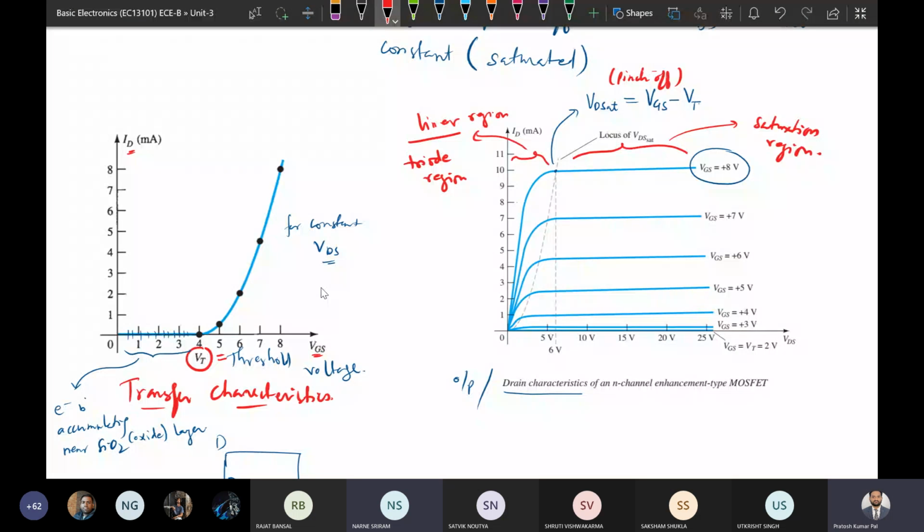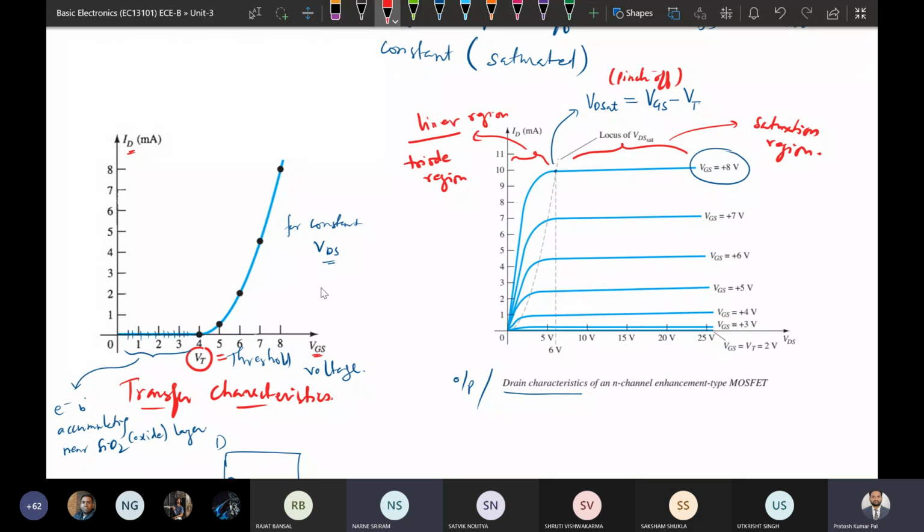And the region where we are applying the gate to source voltage, but even in that case the current is going to be zero. That means whatever drain to source voltage we are applying, the current is zero. That means when the gate to source voltage is less than the threshold voltage, that region will be called the cutoff region.